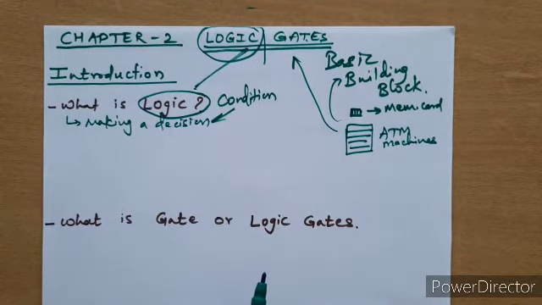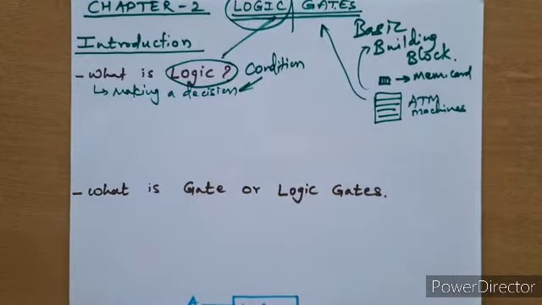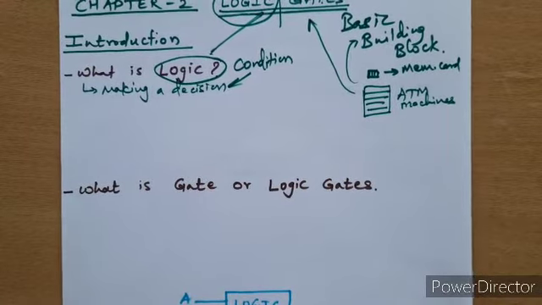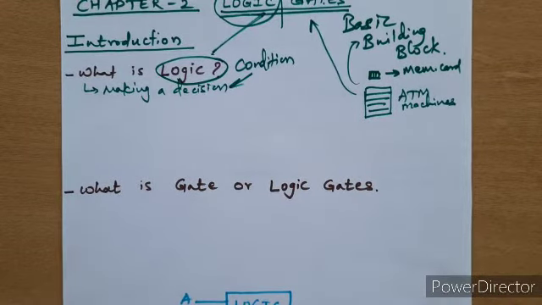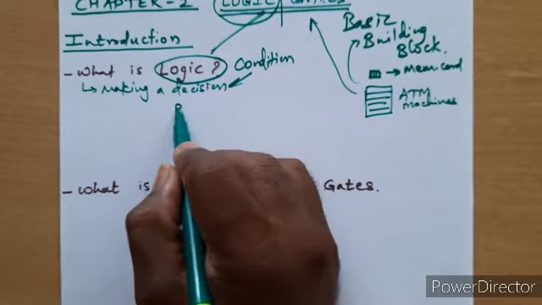Our digital circuits are also called logic circuits. I hope you have understood what logic is. Now just try to find different logics. One more logic I can put here is, I have given an example of programming.